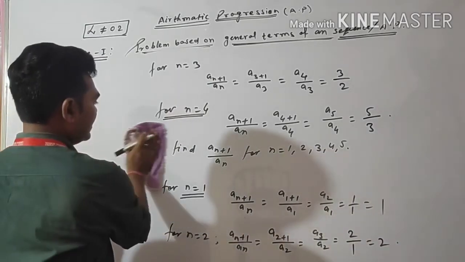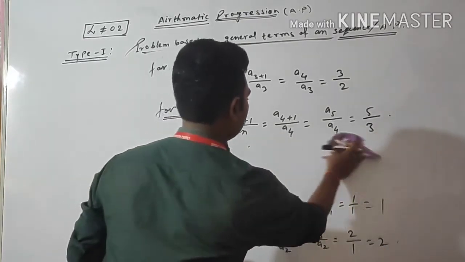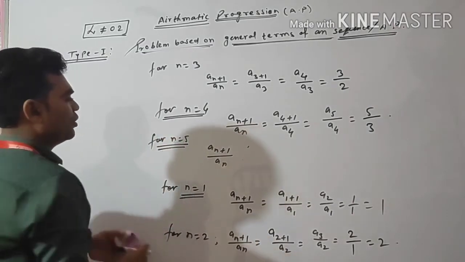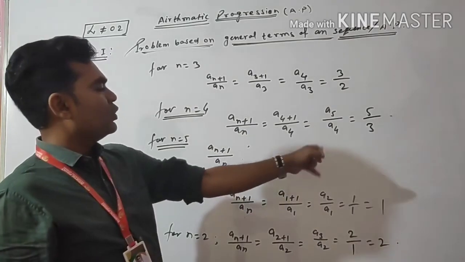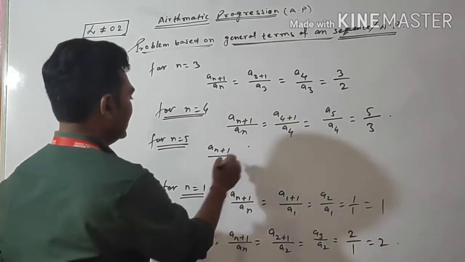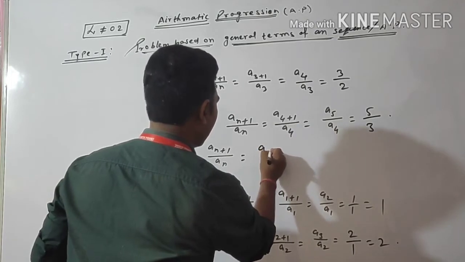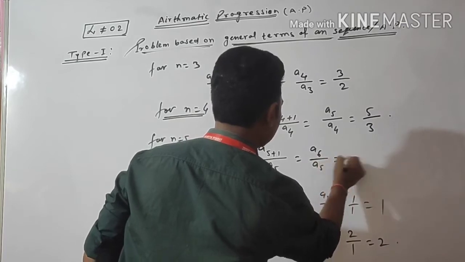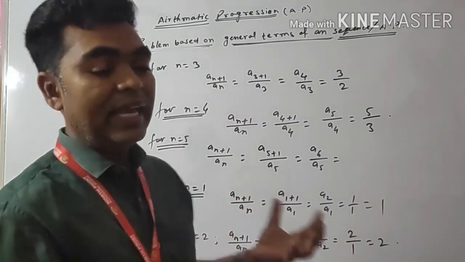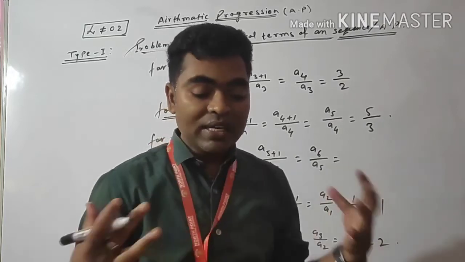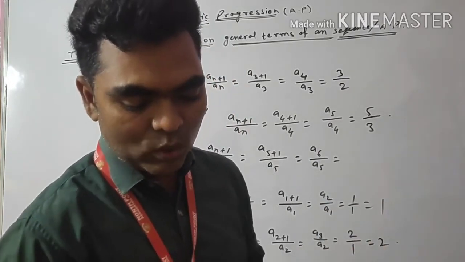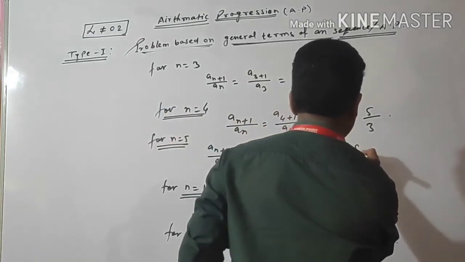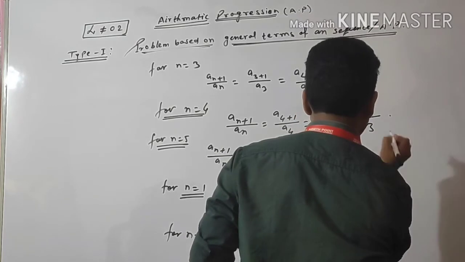And finally, for n equal to 5, last, because n equals 1, 2, 3, 4, 5. The last term is a(5+1) by a5, which is a6 by a5. a5 is 5, but a6, tell me what we got for a6. Finally 5 plus 3, that means 8. 8 by a5, which is 5.